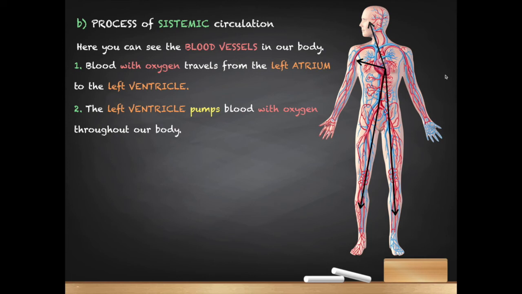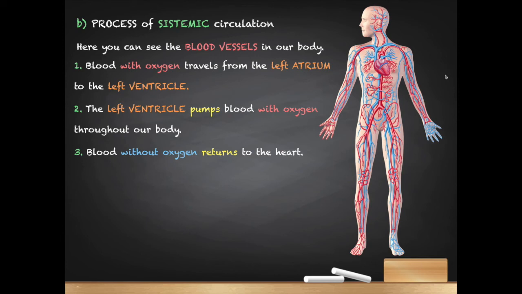Okay, and now we are going to continue with step number 3. Now the blood without oxygen returns to the heart. Okay, because in step 2, blood with oxygen provides oxygen to the body, and the body gets rid of oxygen. Okay, so blood without oxygen now returns to the heart.